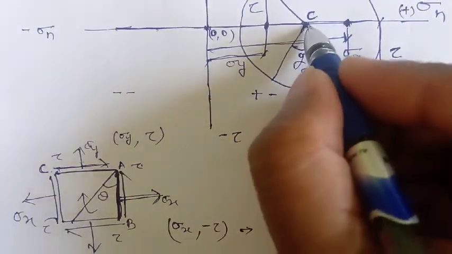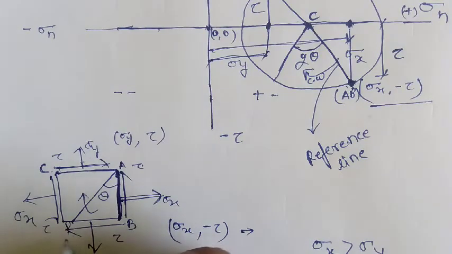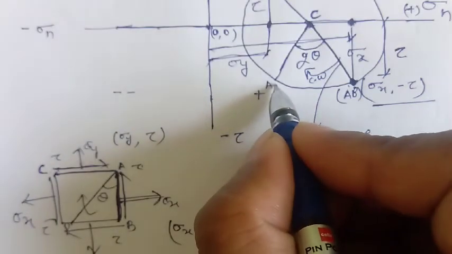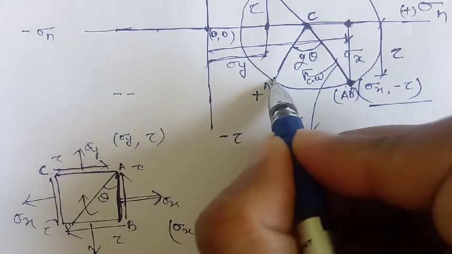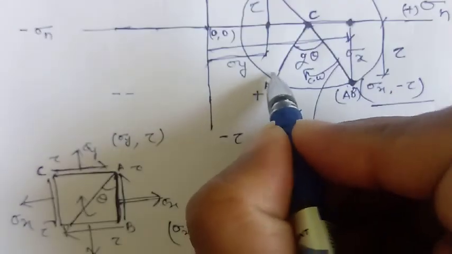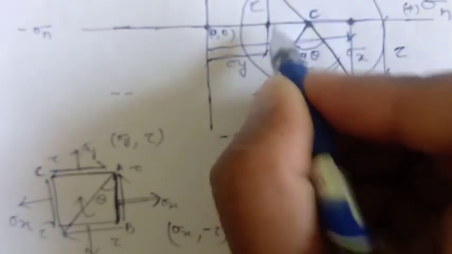So this will be another plane. Whatever the plane is, suppose it is AD, and from here we draw a straight line which will be our tau.